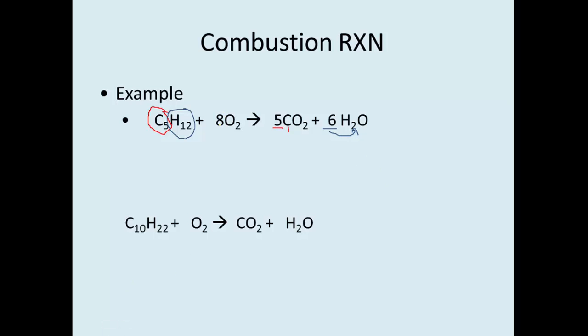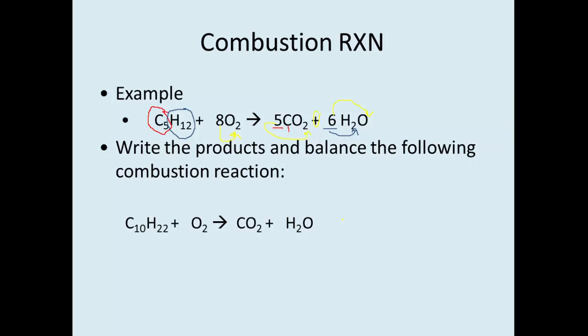Here we have 8 times 2, so we have 16 oxygen. So here's where we have to do a little bit of math. 5 times 2 gives us 10, plus the 6 times 1, so that's 6. So 10 plus 6 gives us 16, so that is a balanced equation.